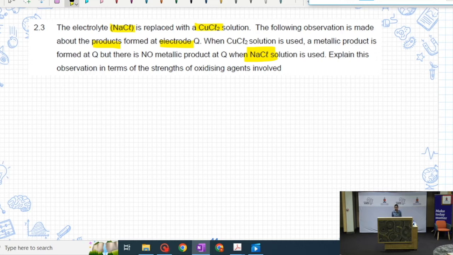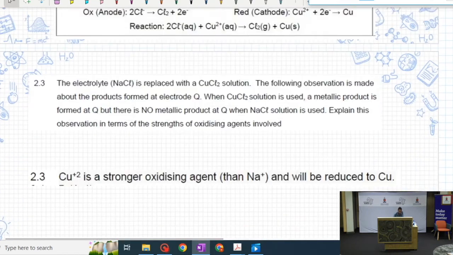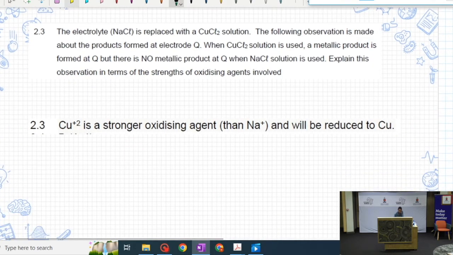What's going to happen? Why do we have a metallic product forming when we have Cu2+ in solution? What's going to happen to that Cu2+? It's not oxidized, it's reduced. So in the end, the copper 2+ ions are going to be reduced.